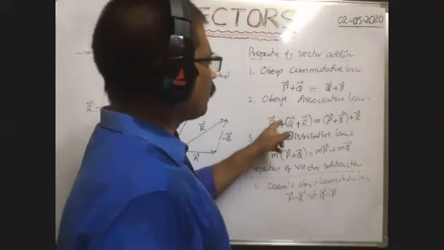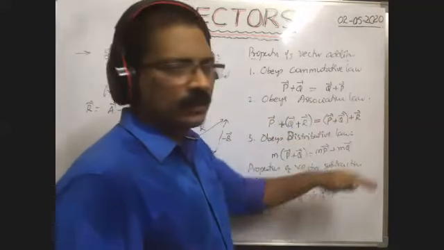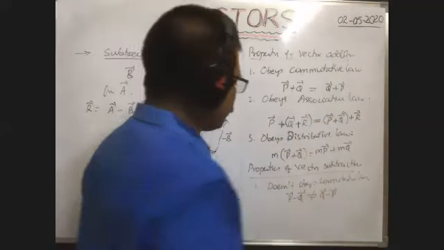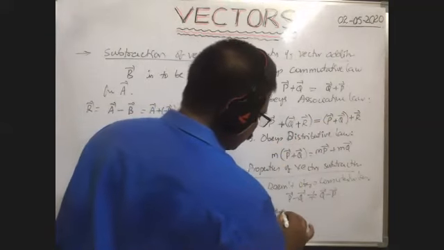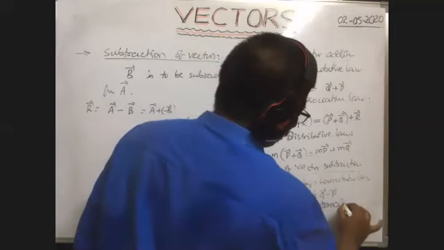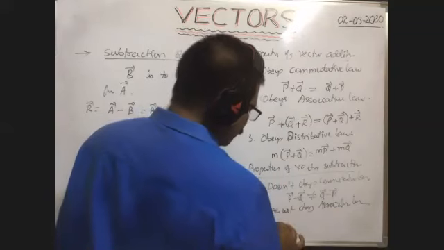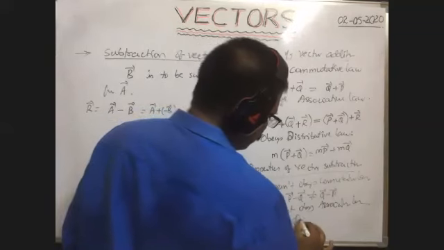Similarly, for P bar minus Q bar minus R bar, that is associative law. Here the associative law is also not obeyed by subtraction of vectors. So it does not obey associative law. Okay, last one. It of course obeys distributive law.